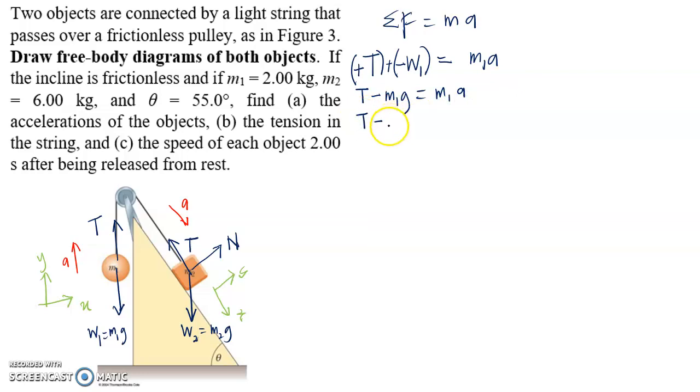So mass 1 is equal to 2 kilograms, multiplied by 9.8, is equal to mass 1, again 2, multiplied by a. So our equation will be simplified to just T minus 19.6 equal to 2a.